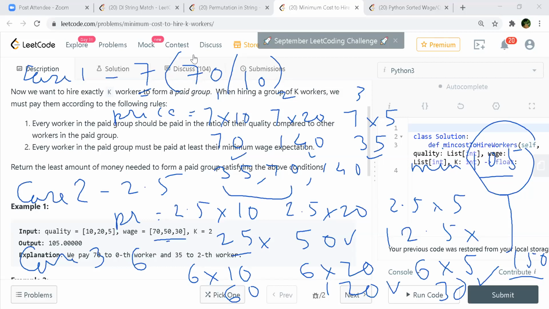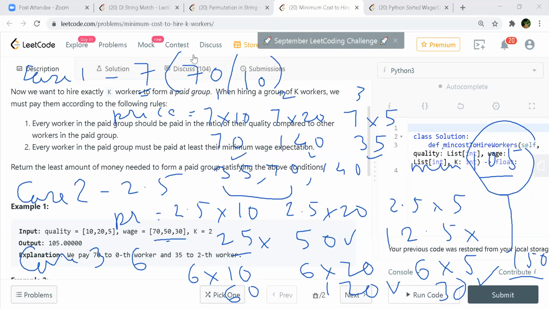Would that be a problem, because we are going by some ratio and we are removing that worker only? Actually, if we are taking the ratio of a worker, that particular worker won't go away because that is the baseline, right? And when you multiply that with its quality, you will get the same wage, which is supposed to be paid for all the workers which are lesser than that ratio. Correct.